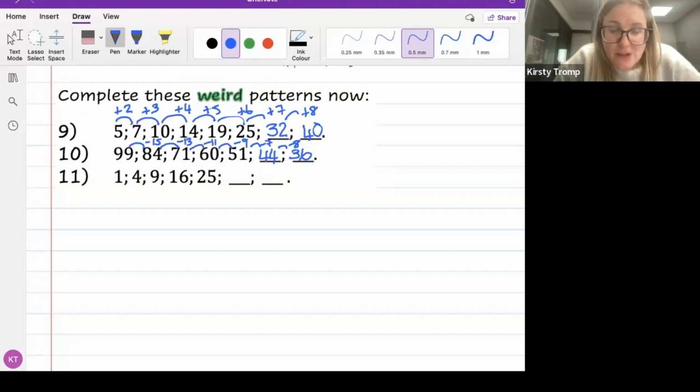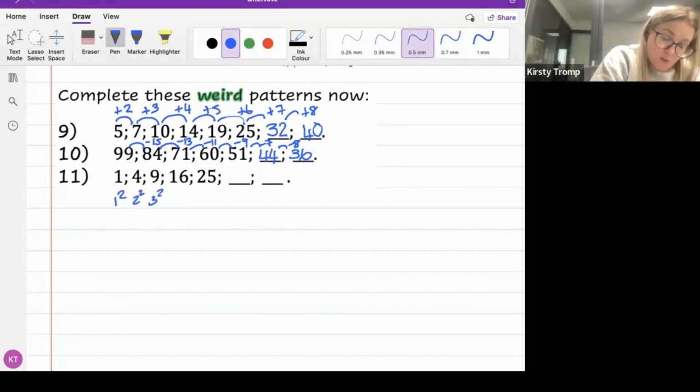Tando, square numbers. Good. So 1 squared gives me 1. 2 squared gives me 4. 3 squared gives me 9. 4 squared gives me 16. 5 squared gives me 25. 6 squared will give me 36. And 7 squared gives me 49.